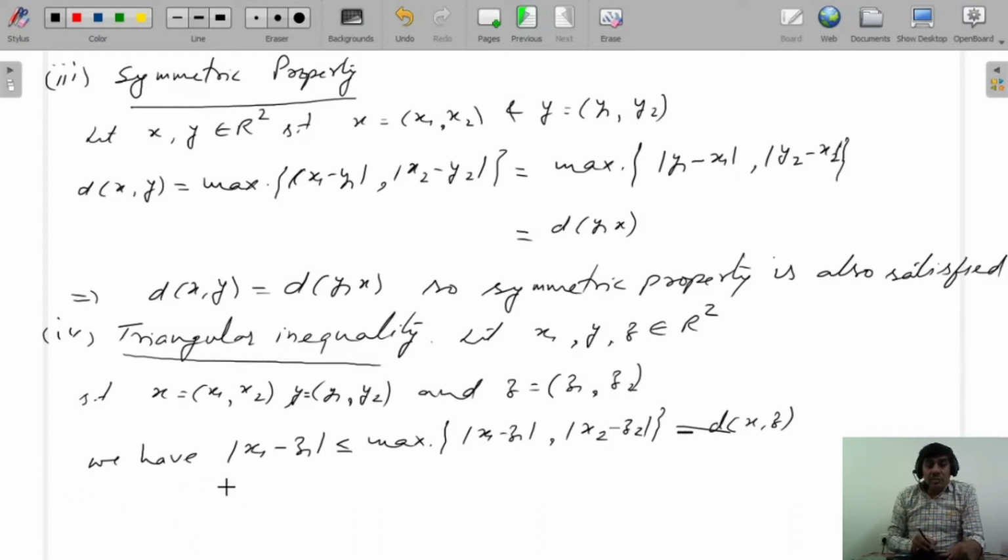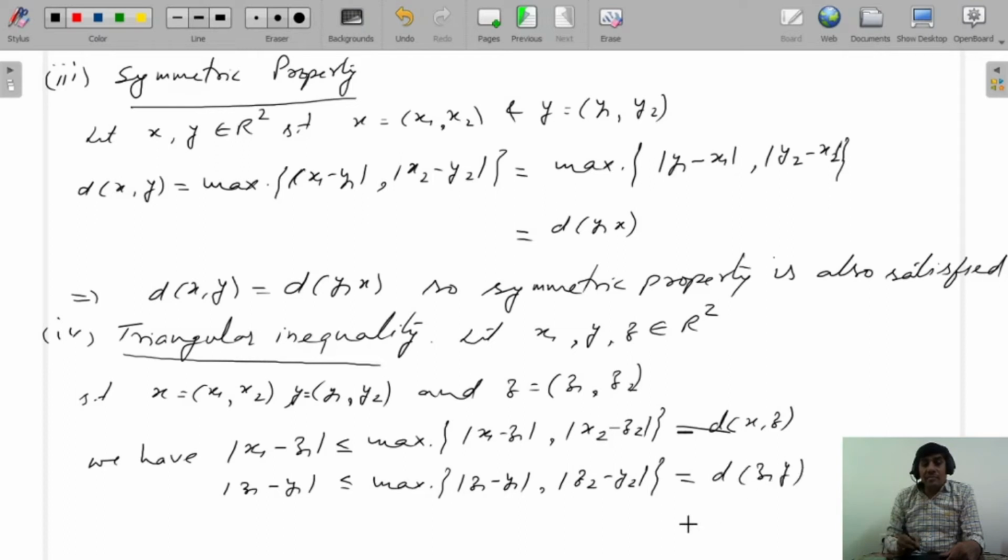Similarly, modulus of z1 minus y1 is less than or equal to maximum of modulus of z1 minus y1 and modulus of z2 minus y2, which is equal to dzy. We call these equations first and second.